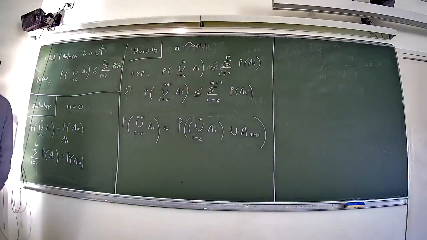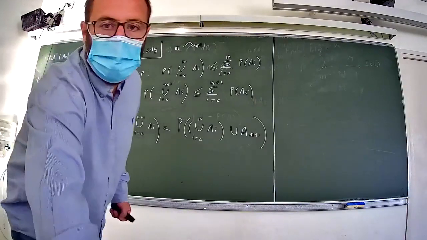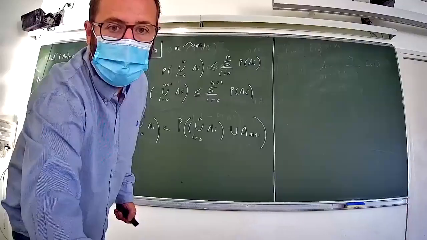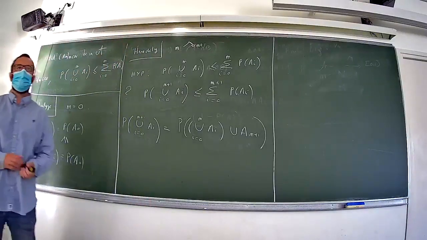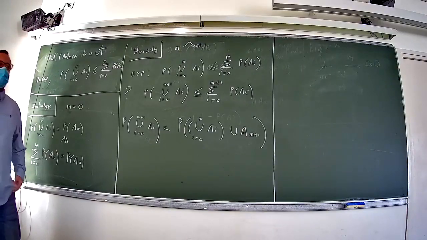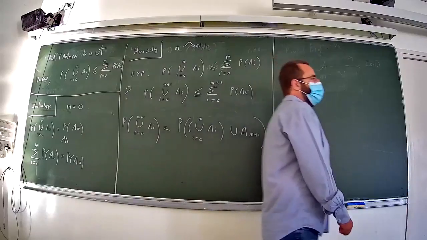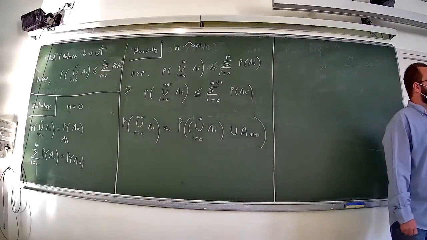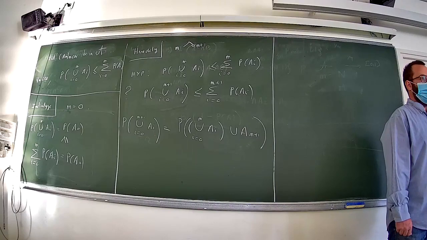But I have some properties concerning probabilities. So if I come back to the slide of the first session, in particular this consequence here, you have the point number d. And what point d tells you is that the probability of the union is equal to the sum of the probabilities minus the probability of the intersection.